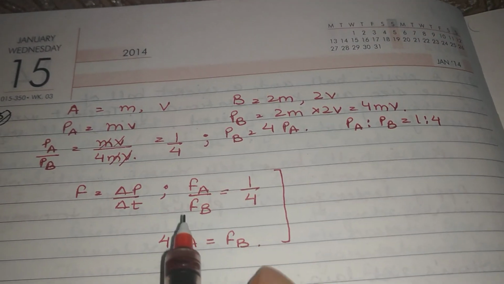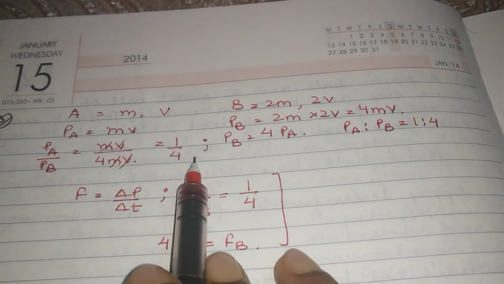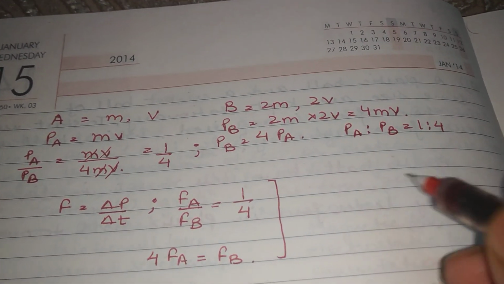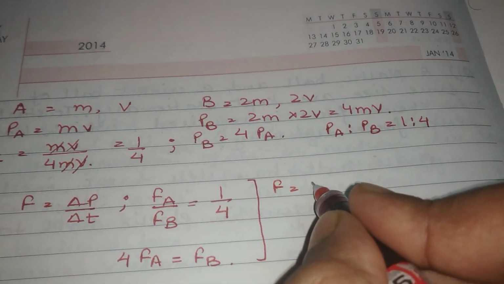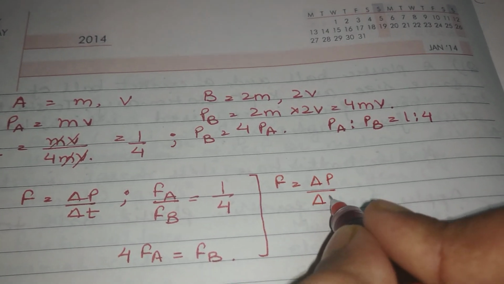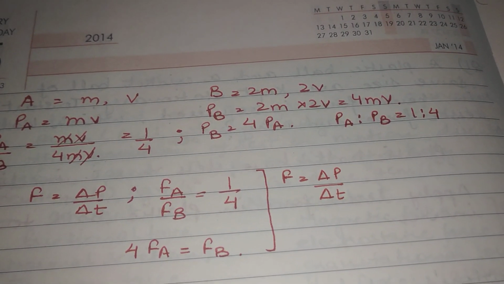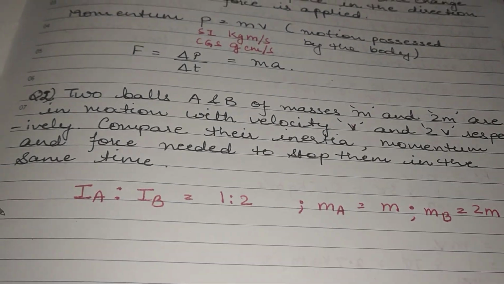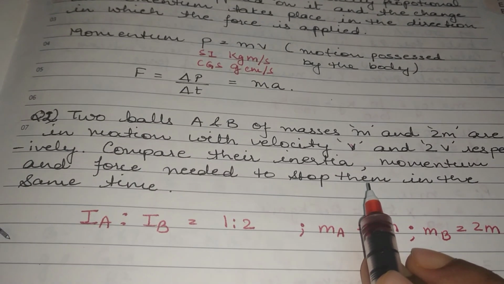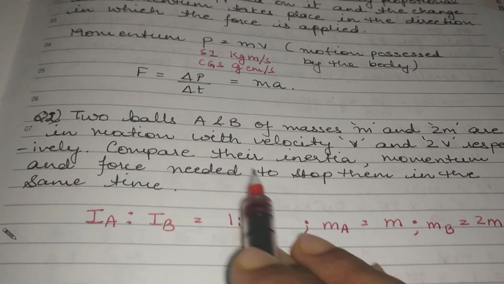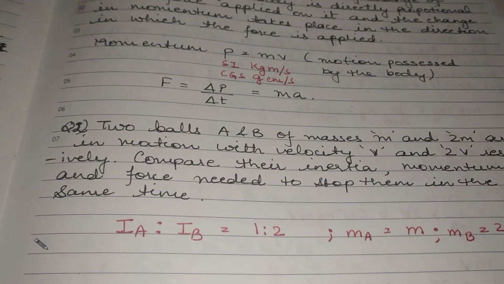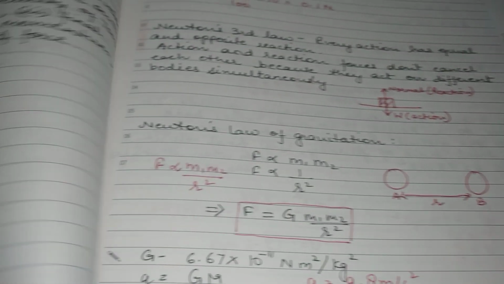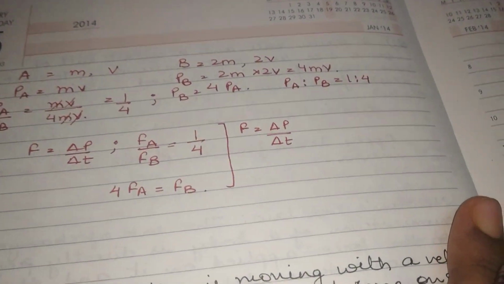Now force needed to stop the body is also the same as the previous. Now why? It has been taught to you that Newton's second law is force equal to delta P upon delta T, right? If you read the last line of the question very carefully, you will find that the force needed to stop them is in the same time, that means delta T in both of them, the time duration in both of them, is the same.